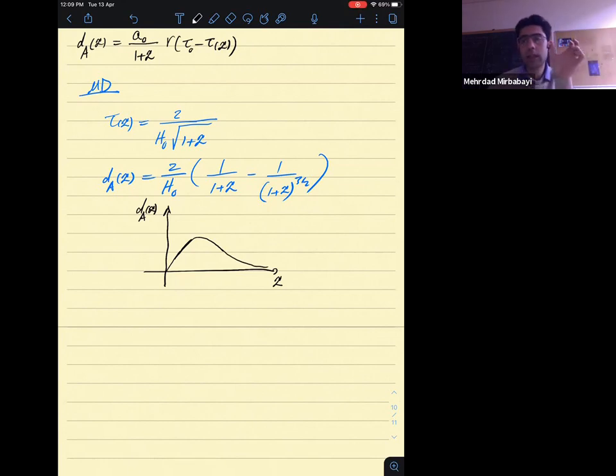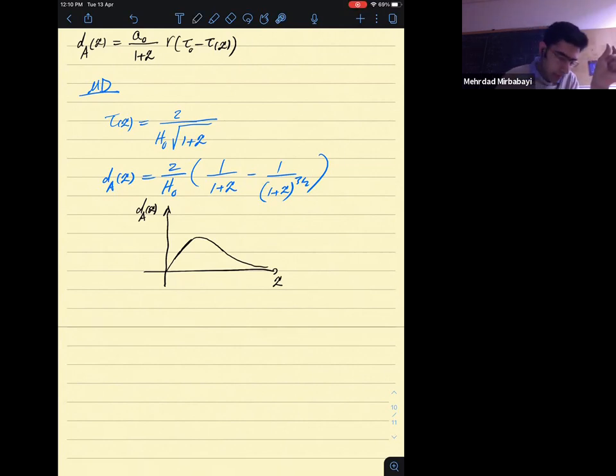What it means is that if you now consider a standard ruler and you take it back in time, then as expected, if you have a standard ruler and take it far away, the angular size shrinks. So it becomes smaller and smaller with time. So this is the natural expectation in flat space-time.